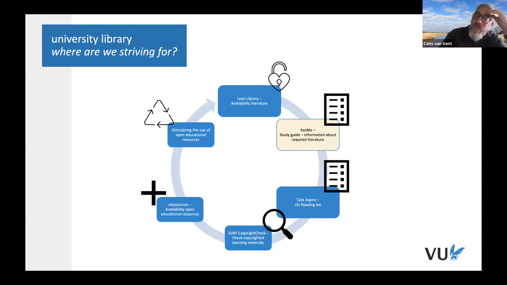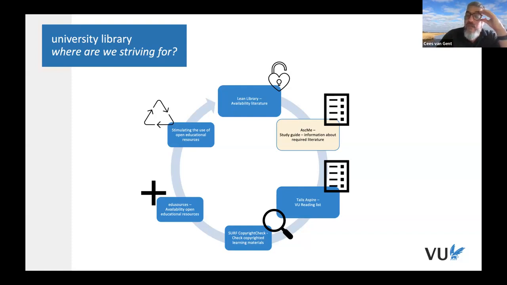To organize that, we use, there are a lot of Dutch people here, so I can say it in Dutch, een uitvraag academische structuur. What does the academic structure need to organize education? And it's called Ask Me.